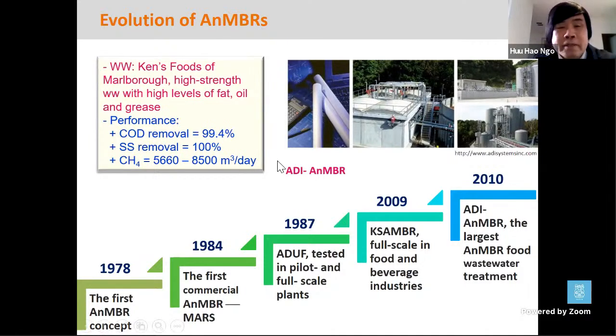But anyway, one thing you can see here is the performance of the anaerobic MBR treating canned food wastewater: COD removal up to 99.4%, suspended solid removal 100%, and methane, that is the biogas production, up to 8,500 cubic meters per day. You can see it's quite good.